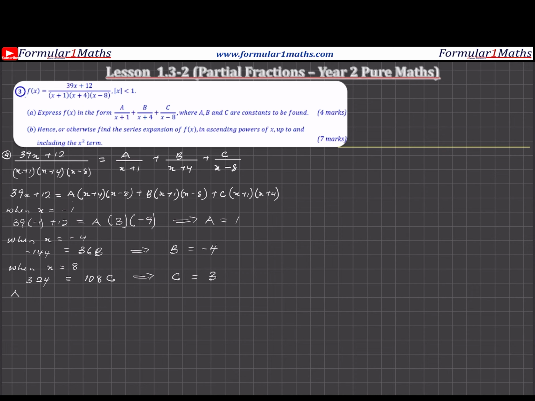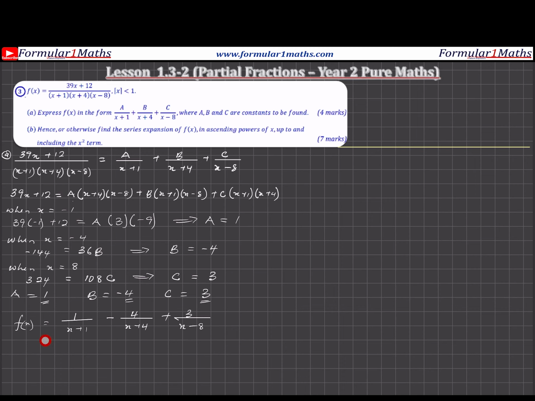So it means a is equal to 1, b is equal to minus 4, and c is equal to 3. So now f of x becomes 1 over x plus 1 minus 4 over x plus 4 plus 3 over x minus 8.